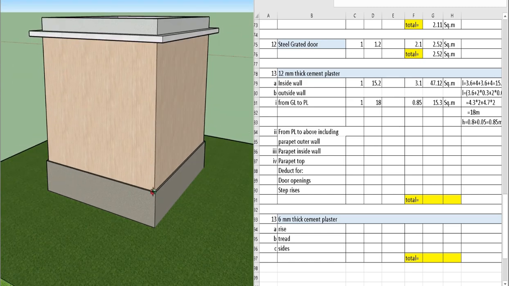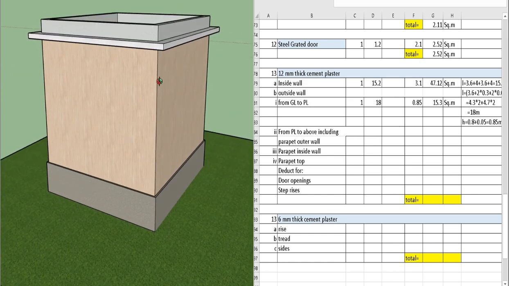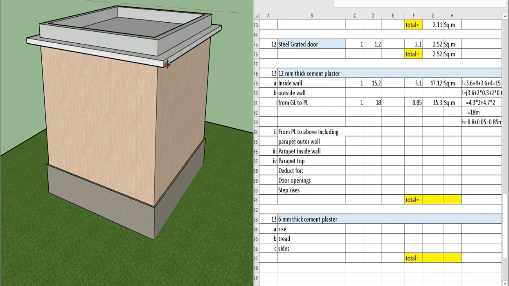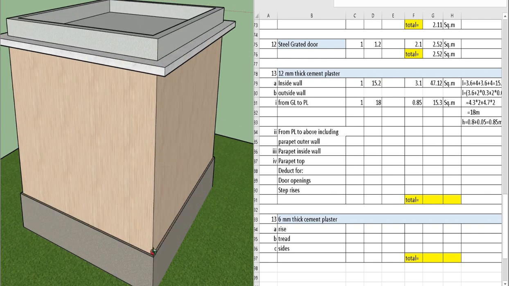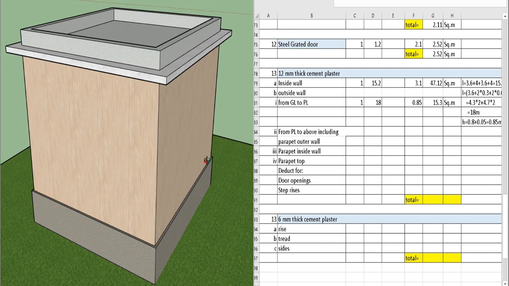Now we have to do plaster from this plinth level up to the superstructure, excluding this RCC slab. That means from this portion to this portion, except this RCC slab. So we have to simply find out the perimeter of this house, that is the outside perimeter of this house, and multiply by its height.